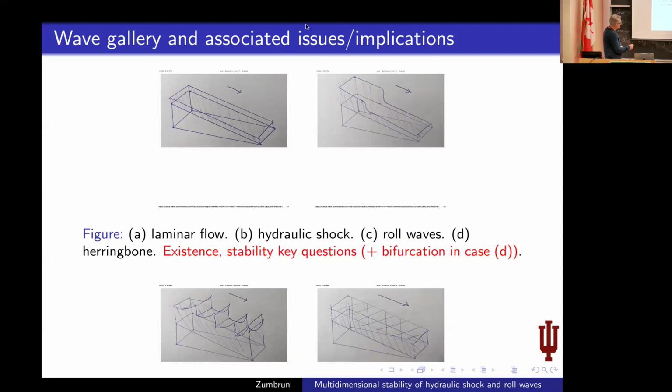The roll waves, here they are, down here. And then here's the new one, which I couldn't draw very well, but it's got a doubly periodic pattern. It looks like the roll wave at these crosshatches that I've drawn. Each one is a little shock, and they form a diamond pattern.